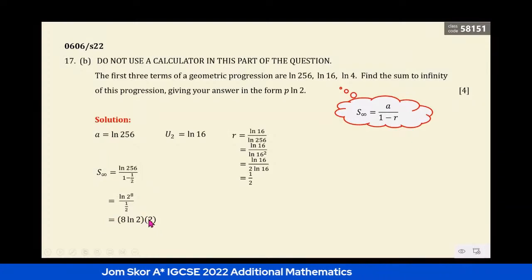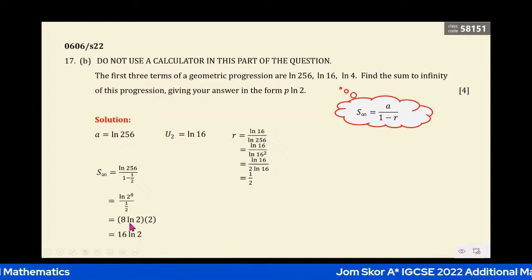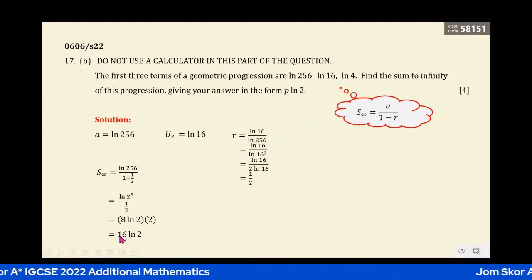So kita dapat yang ni. So 8 dengan 2 boleh multiply, dia ni duduk dekat luar. So 8 times 2 is 16. So 16 ln 2. Okay, so kita dah jawab. Dah bagi jawapan kita in the form P ln 2 where P is equal to 16.